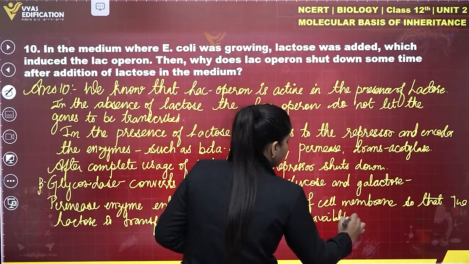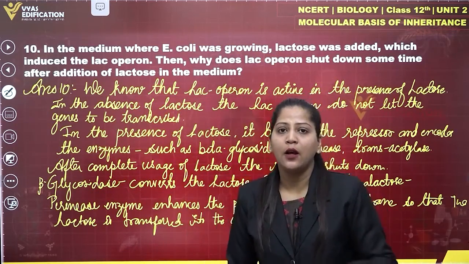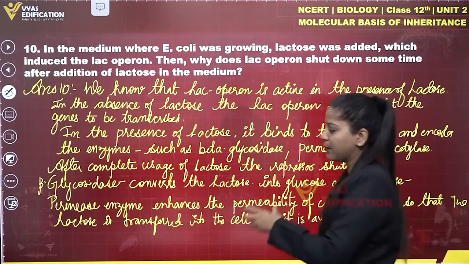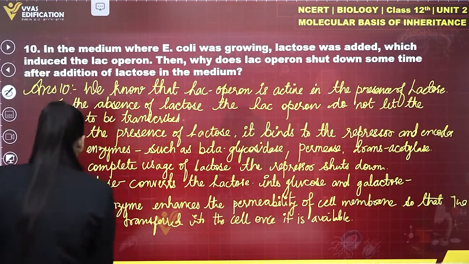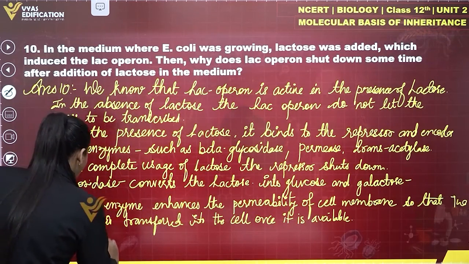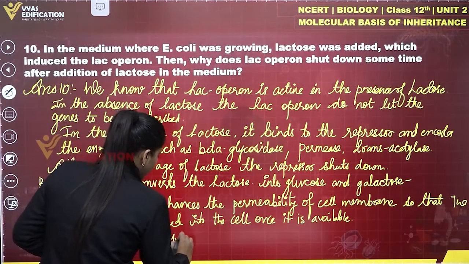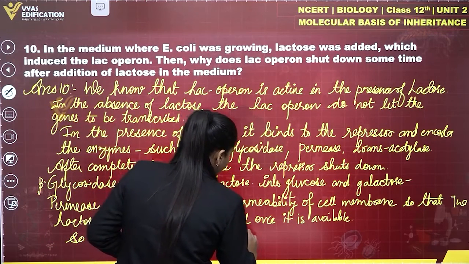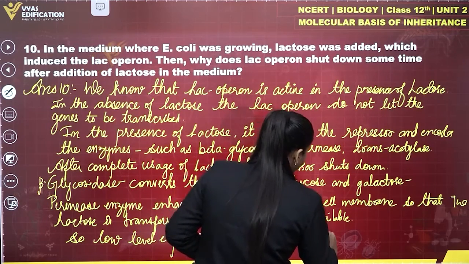Once the lactose is available, it can easily transfer into the cell because of the increased permeability of the cell membrane with the help of this permease enzyme. So always low level expression of lac operon is required.